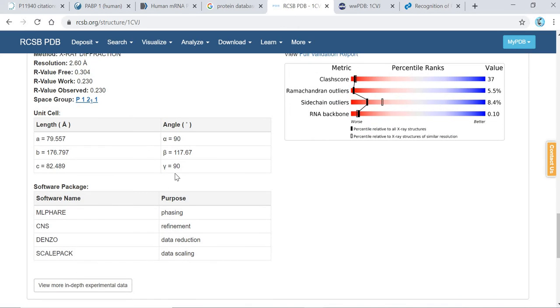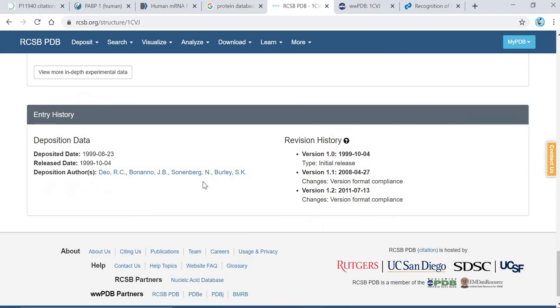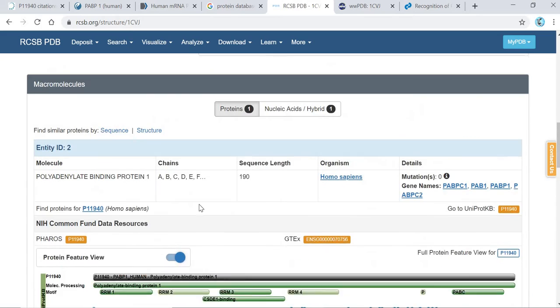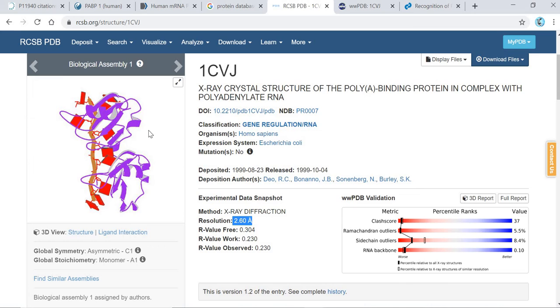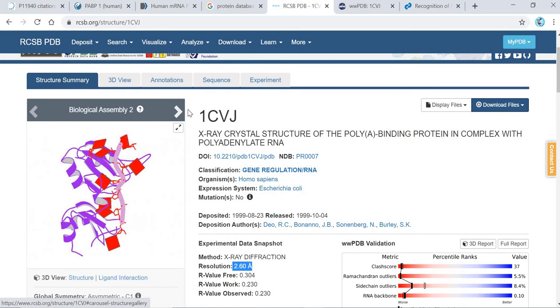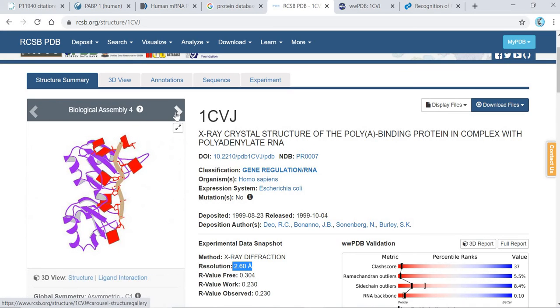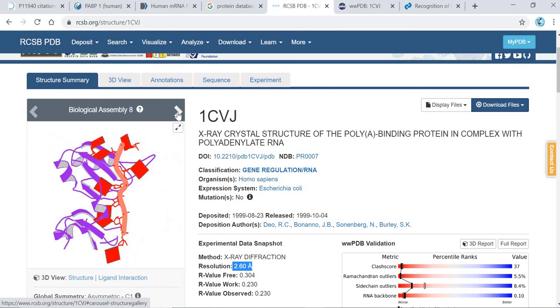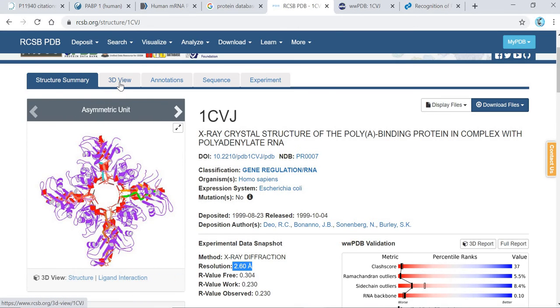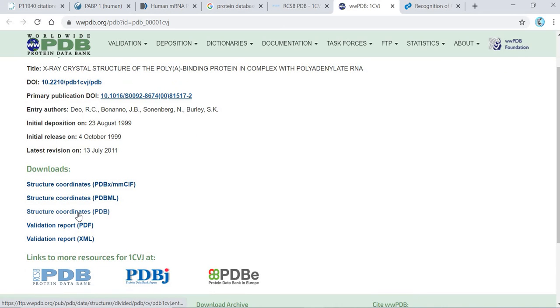If you have some understanding, you get these things are valuable, but if you don't have an idea what's going on there, you can simply download the structure and look in a program that is suitable for you. Okay, so let's download one of the structures.